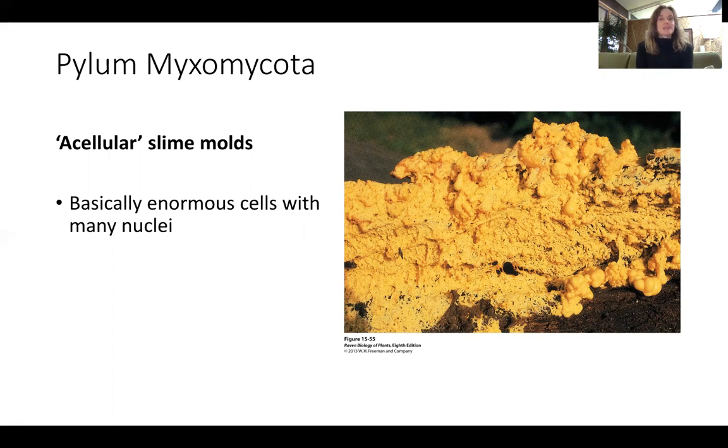Myxomycota. Myxomycota is an amoeba. It's called an acellular slime mold. Acellular because it's just like a giant cell with many nuclei. So it's also called cenocytic, this growth habit, when you've got this body that instead of being made up of many cells, it's just a continuous body with no cell division, and the nuclei are just circulating back and forth.